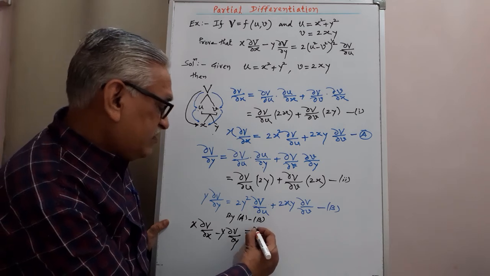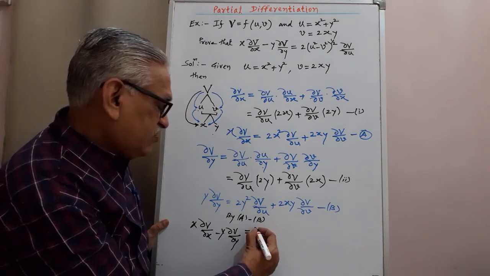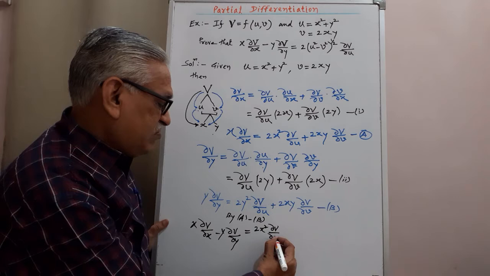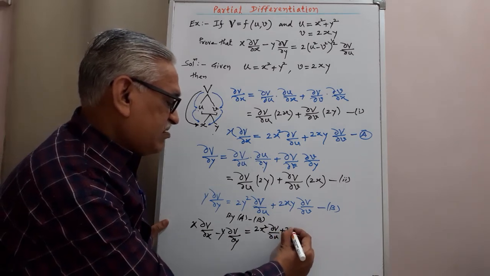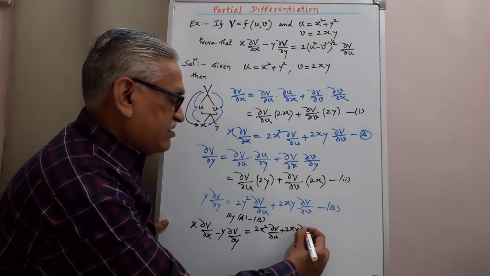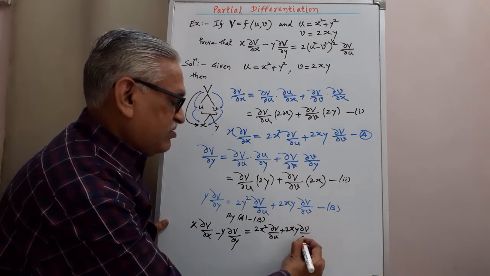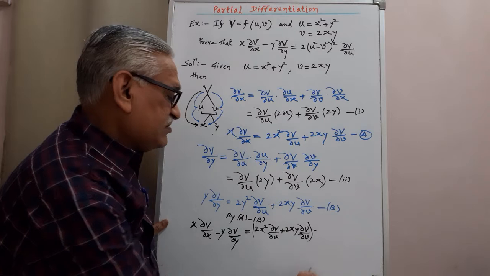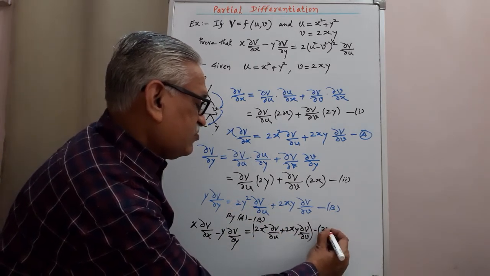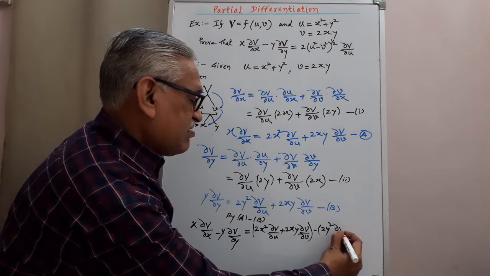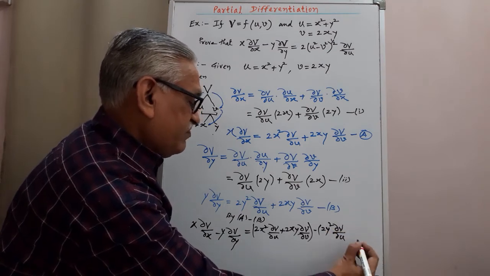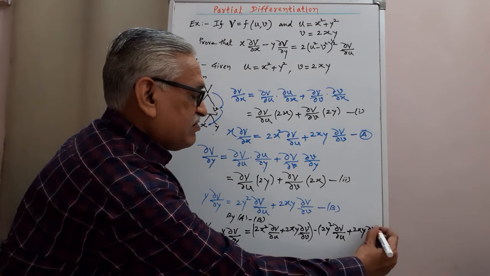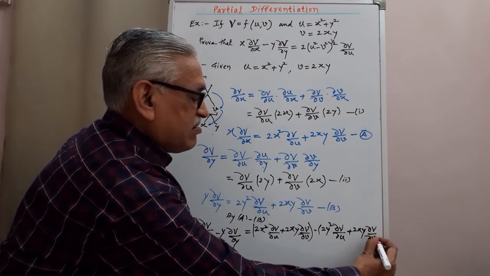We can take 2 common. It is 2x² ∂v/∂u plus 2xy ∂v/∂v, minus 2y² ∂v/∂u plus 2xy ∂v/∂v.